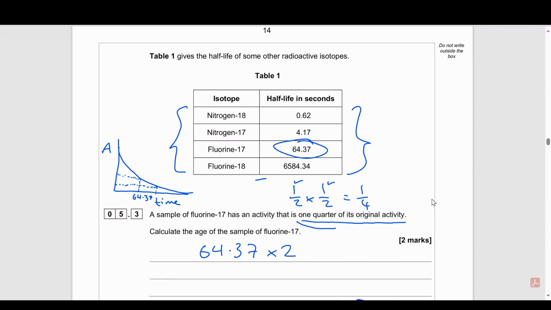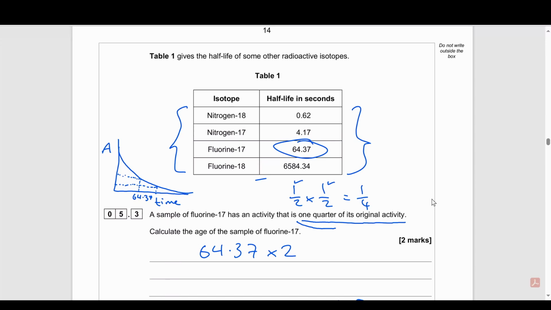So which one of these would be the most dangerous? Well, again, let's focus on the definition of half-life: the time it takes for the radioactive nuclei in a sample to halve.